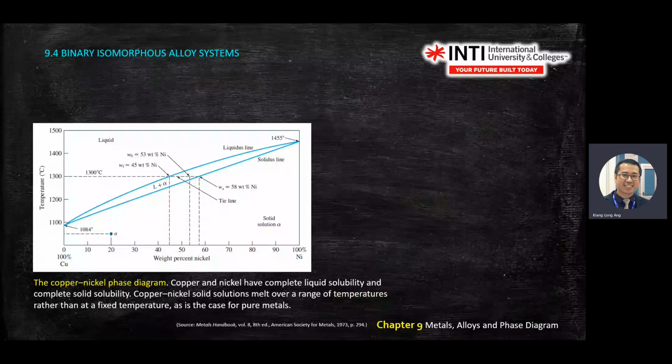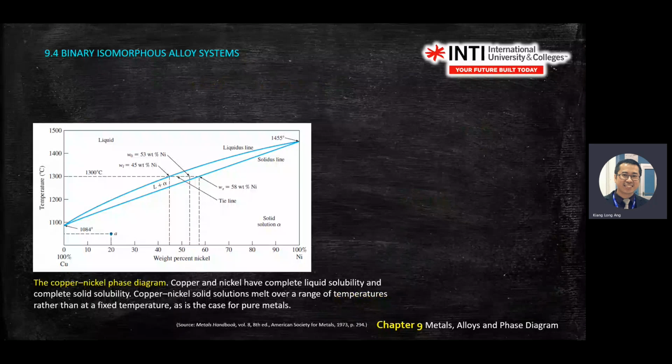We are very interested in the liquid-to-solid region, especially on the graph at 1300 degrees C. You have two lines, one on liquid and one on solid.